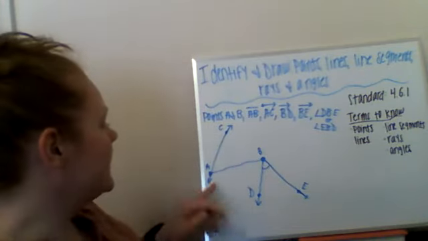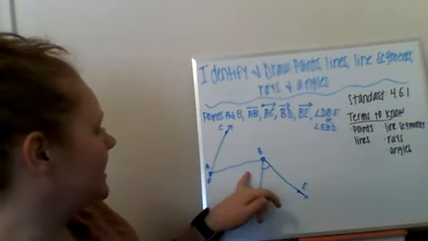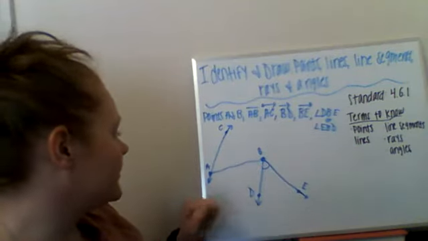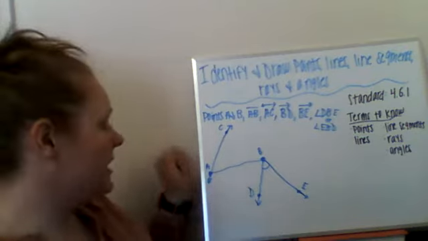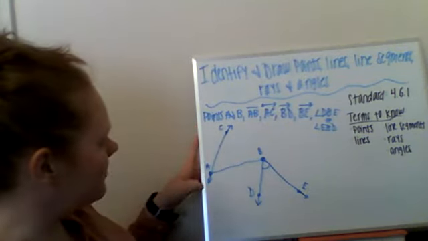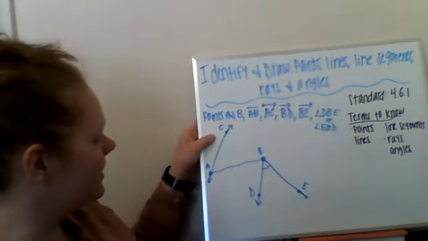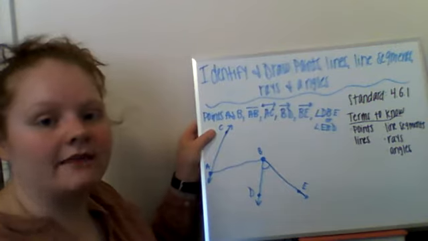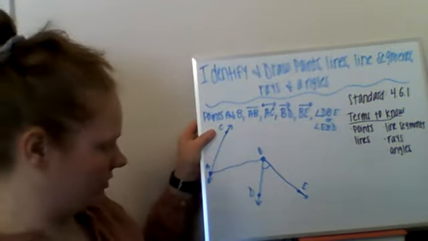Okay? Then I went into drawing a line segment connecting points A and B, and a line segment just has 2 endpoints. Then I went into drawing point C, connecting it with A and extending it in both directions to make a line. So I have line AC, which means that my line extends in both directions.